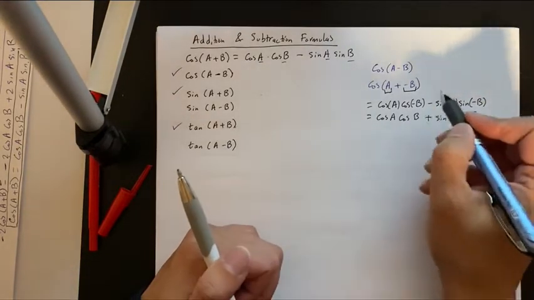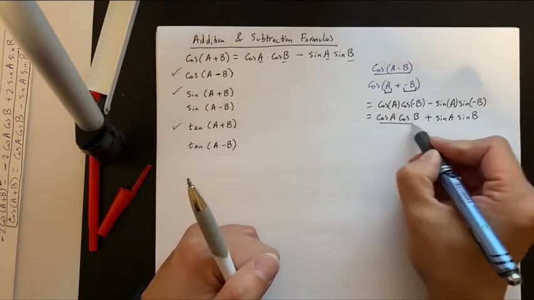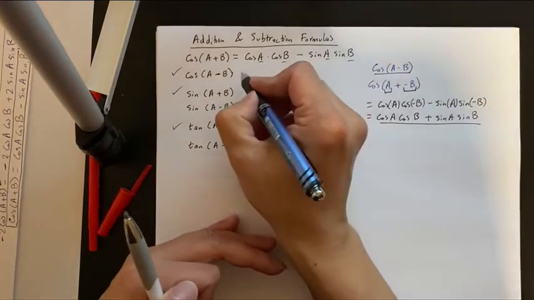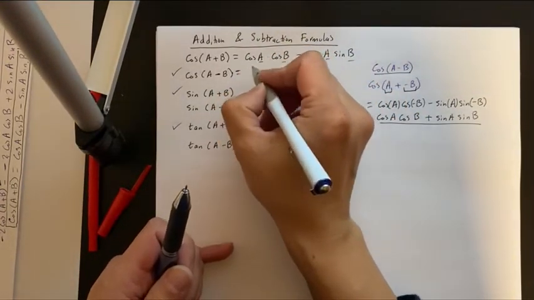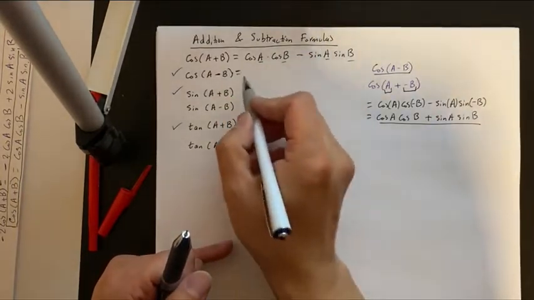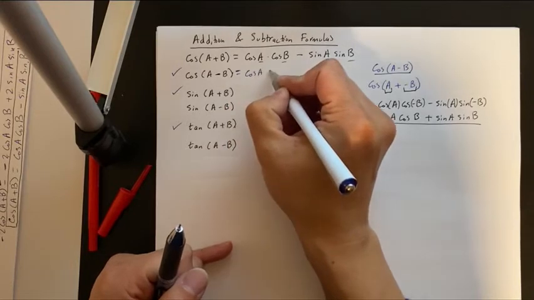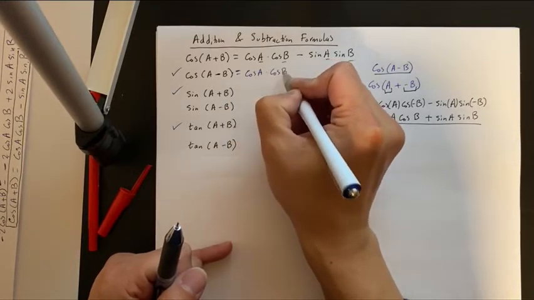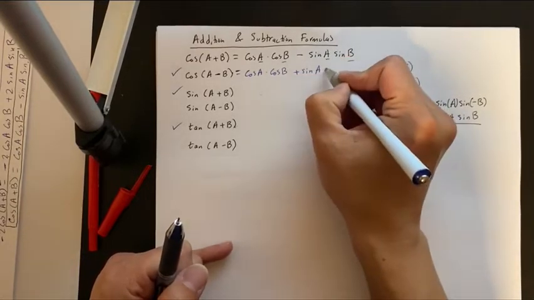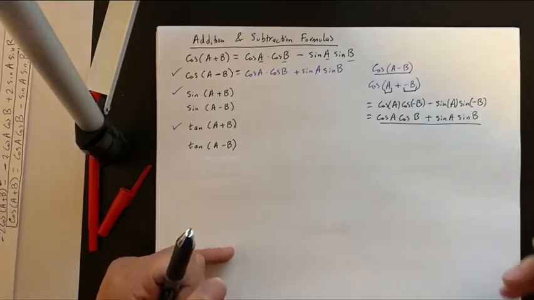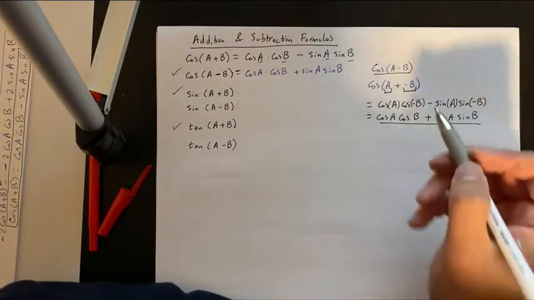So what do we have? We get that cosine of A minus B is this. So let's write that in, and I'll write it in blue so you guys can see that we actually derived this. So it'll be cosine of A times cosine of B plus sine of A, sine of B. Okay, and that's it.